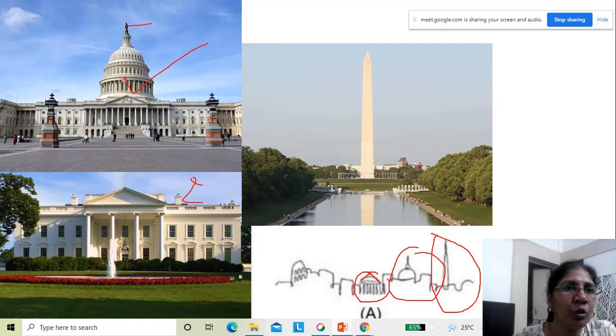The top of the dome is called the pinnacle. And one more structure over here is famous as the Washington Monument. So you can see the Washington Monument here, right?